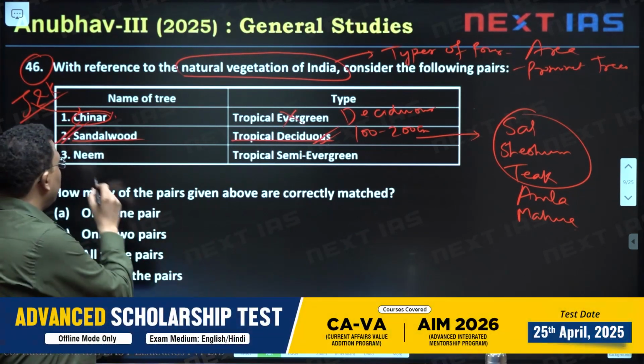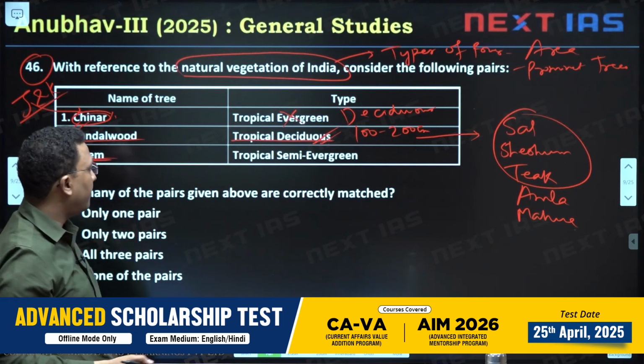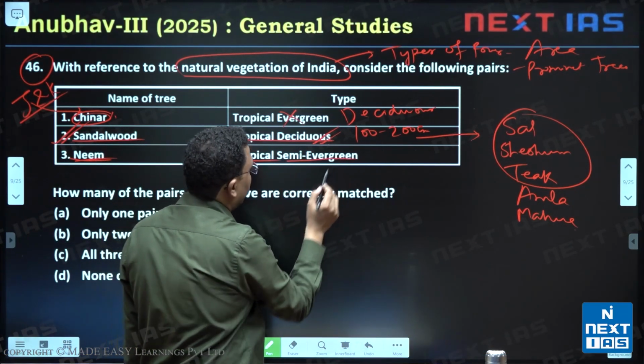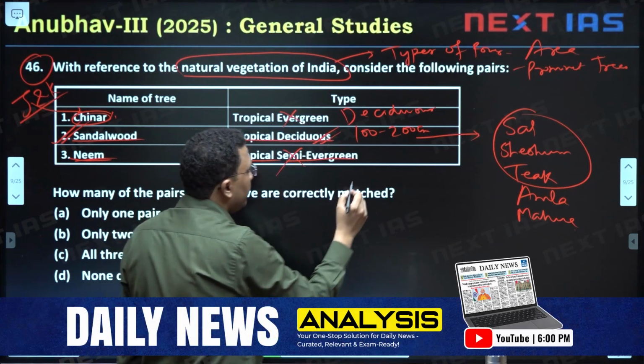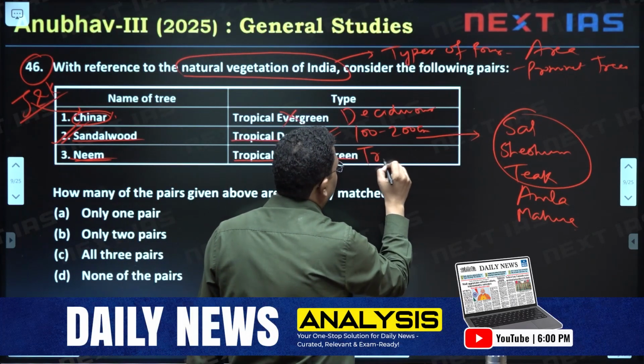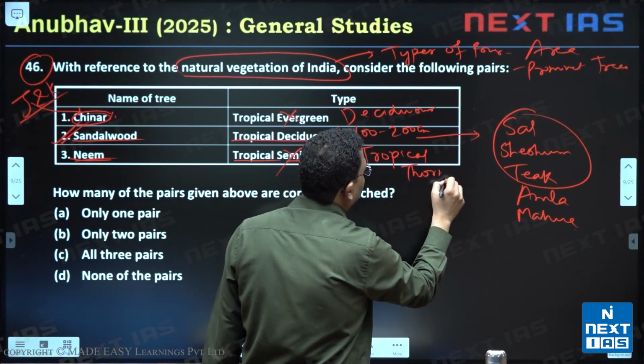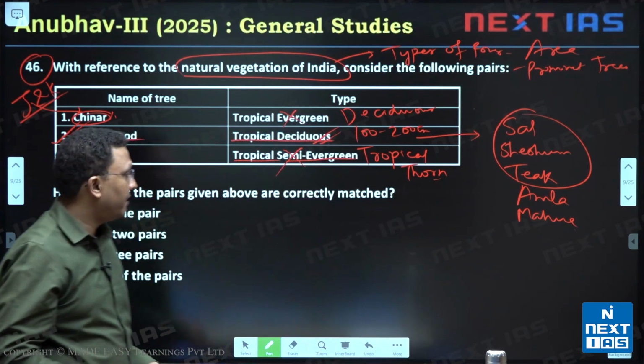Now the third one given here is neem, right? And the type given is tropical semi evergreen. This is not correct. Neem is a very well known tropical thorn type of tree, right?